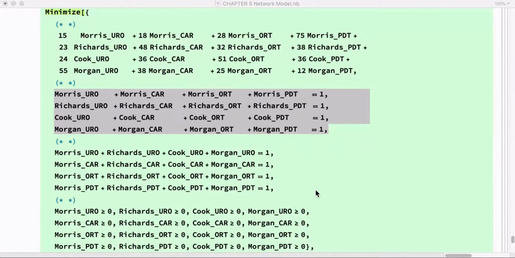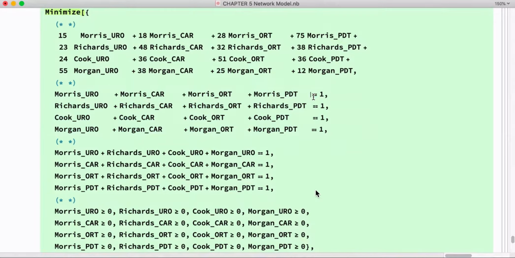I'm going to say something. When we have equal one in Mathematica, we don't have only one equal, we have two equals. We put a space, and the two equals are connected to give you equality for Mathematica.